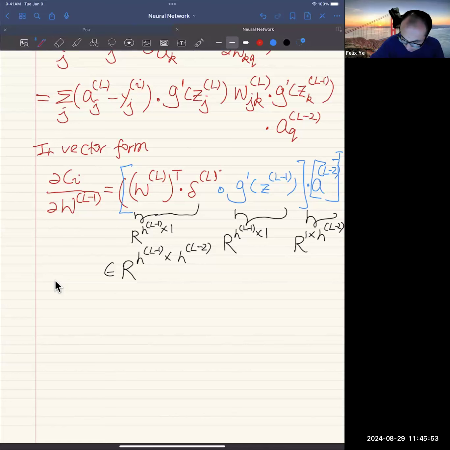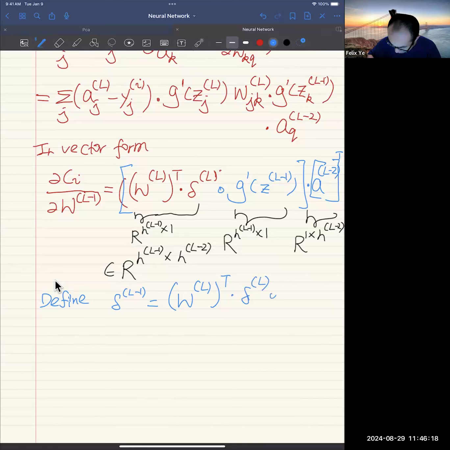We can define this delta^(L-1) as everything in this bracket: W^L transpose times delta^L, and the component-wise product of g prime of Z^(L-1).